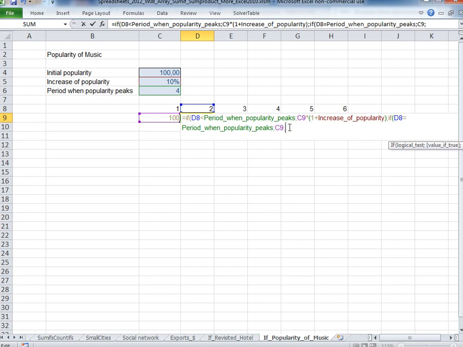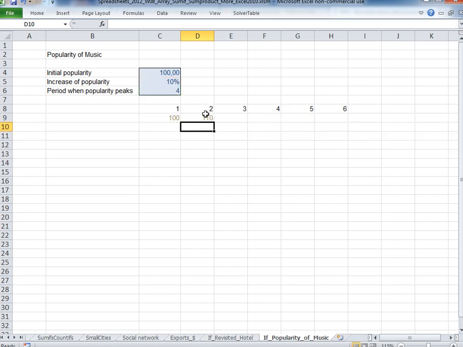And if we reach this third part, we already know that it was not the popularity rising, it was not the popularity staying the same, but rather declining. So when we come to that last part of the second IF, we already know that the third option happened. So we write equals previous one times parenthesis 1 minus 10%. And here it is. This is our formula.